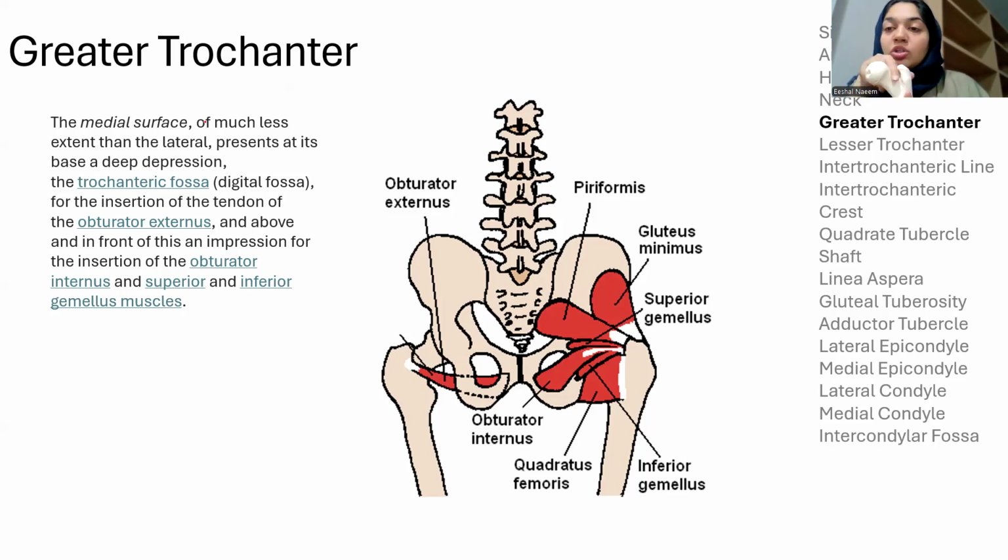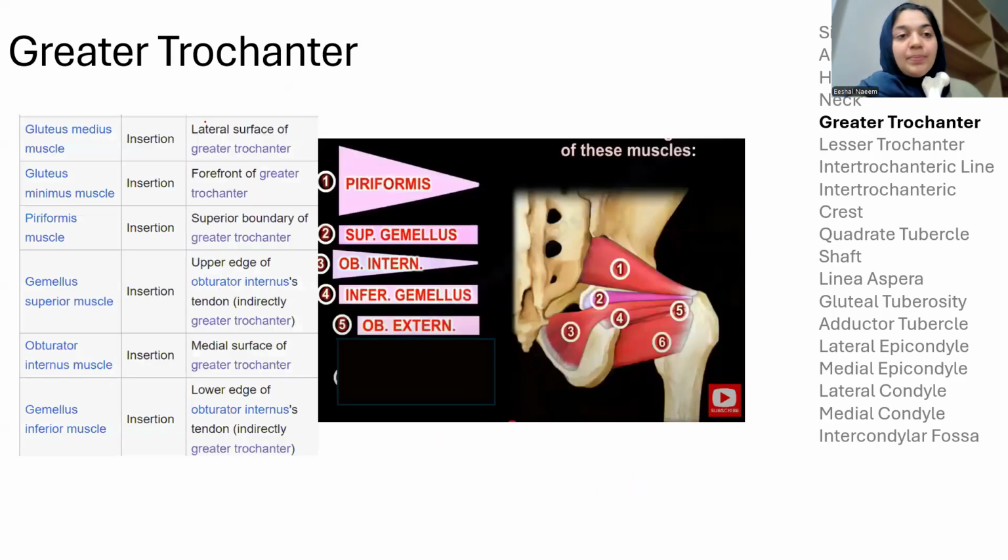So you go to the trochanteric fossa here, and you know that this itself is the insertion of the tendon of the obturator externus. But also above and in front of this is an impression for the insertion of the obturator internus, superior and inferior gemellus muscles. Now, revising the greater trochanter: the gluteus medius comes to the lateral surface, and all the others insert in front and above the trochanteric fossa.